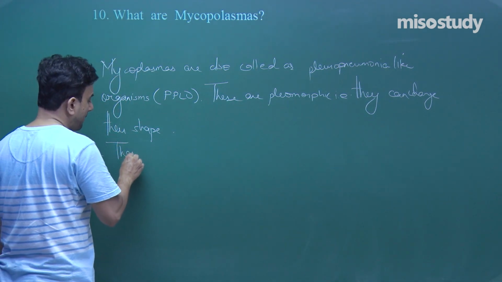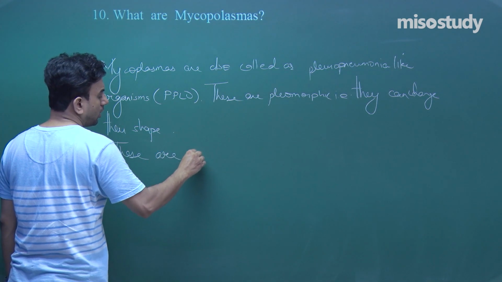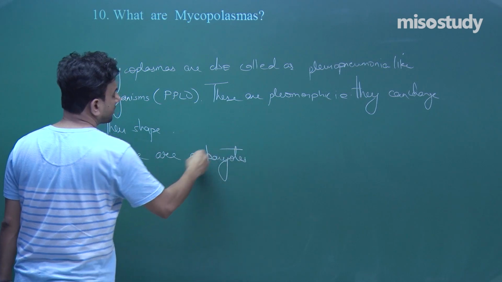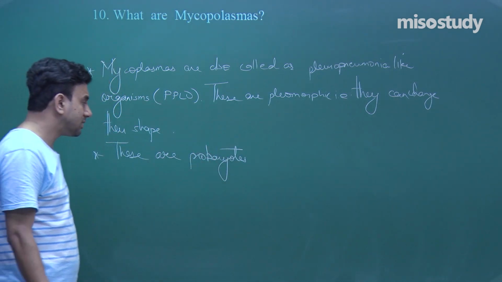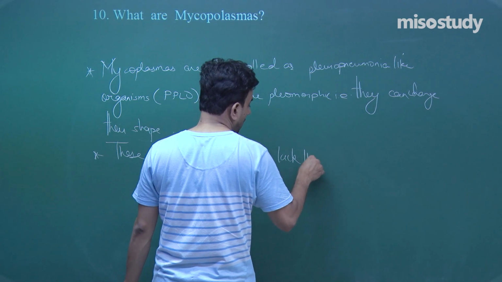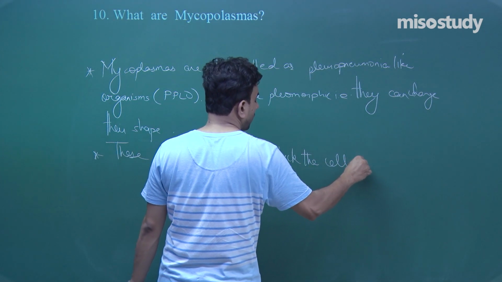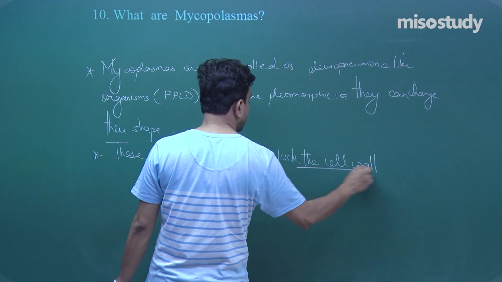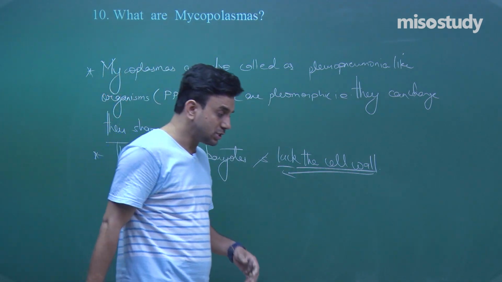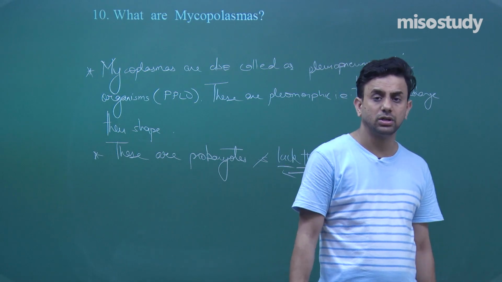These are prokaryotes and lack the cell wall. This is the main thing, they lack the cell wall. They are also called pleuropneumonia like organisms. They can change the shape and hence they are pleomorphic in nature.